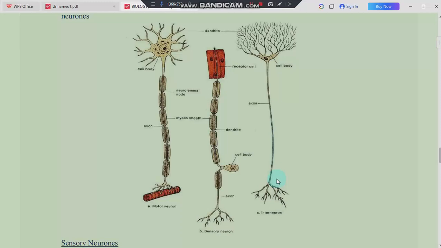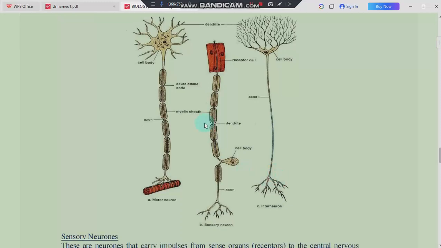Okay, talking a little bit about this motor neuron, we are able to see that the cell body is located inside the central nervous system. They can ask you to distinguish or differentiate between the two neurons, the sensory neuron and the motor neuron.